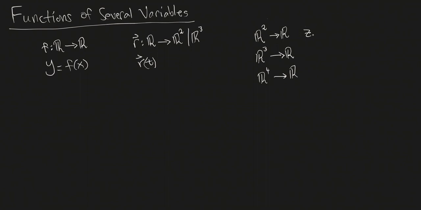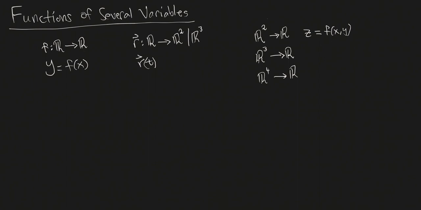We're going to say that z is going to be a function of x comma y. So that's what they look like, right? The several variables is referring to the number of independent variables. These functions will still have just one dependent variable. So this equation is implying that z is a dependent variable of x and y.